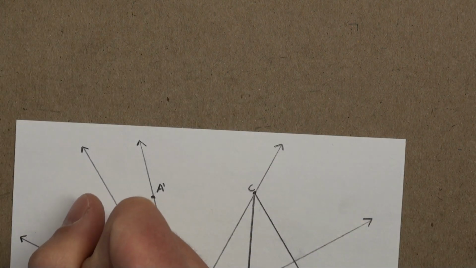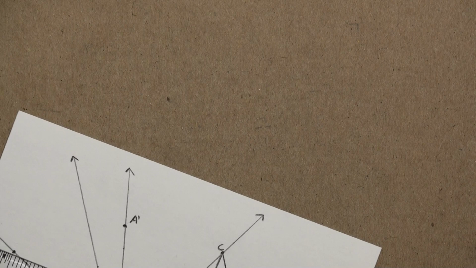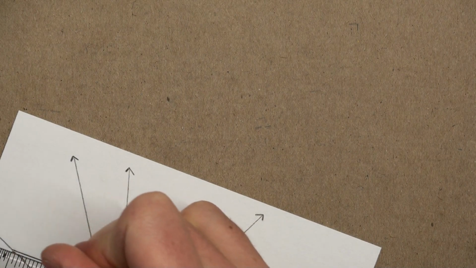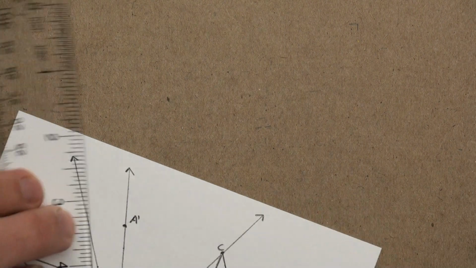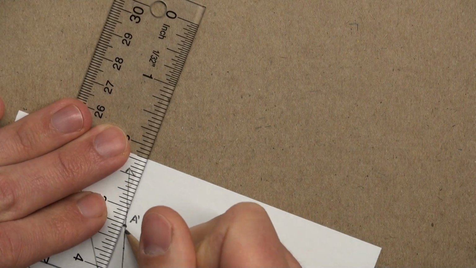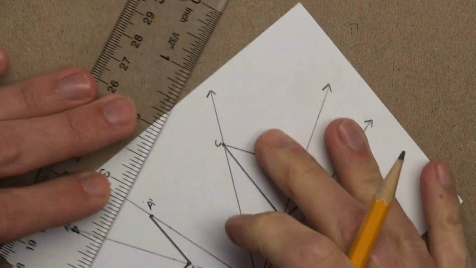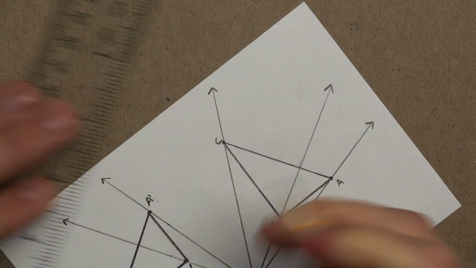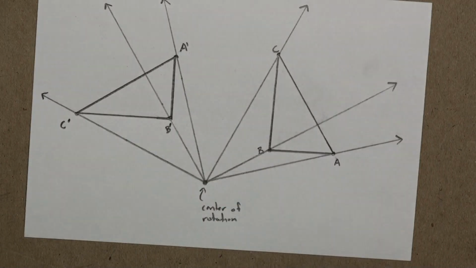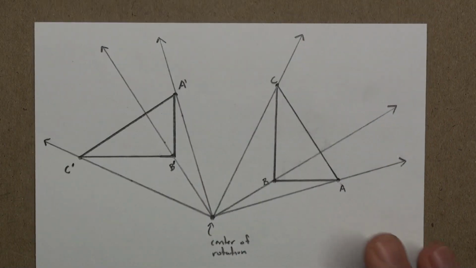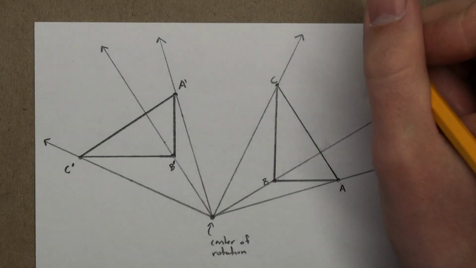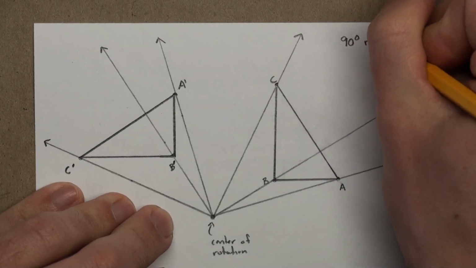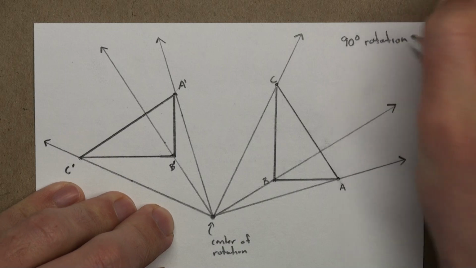So that's C prime. This is an example of a 90 degree rotation.